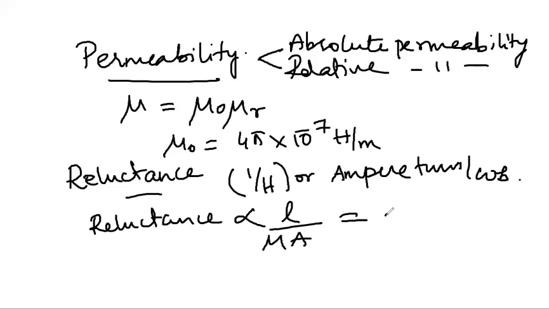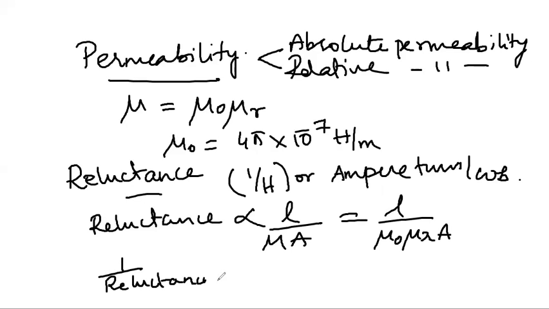So I can write it as L divided by mu naught mu r into A. Reciprocal of reluctance is called permeance. So the unit of permeance is Henry.